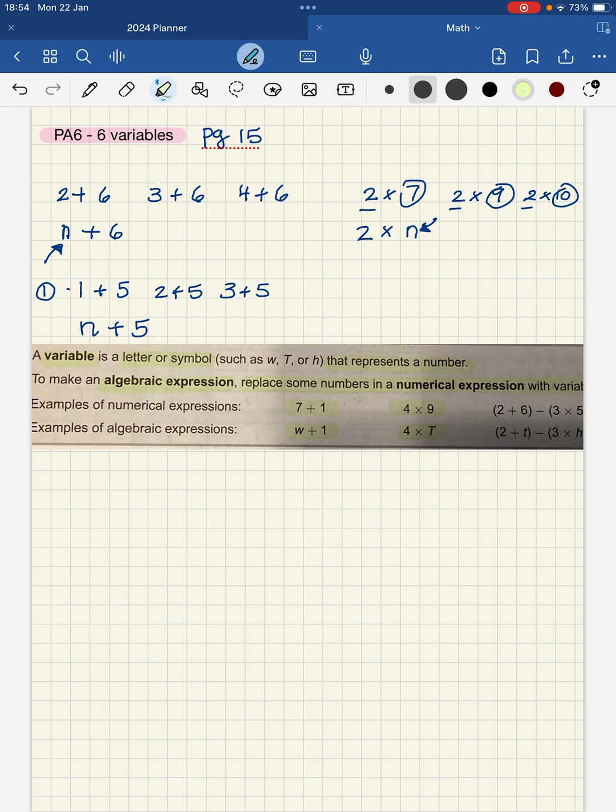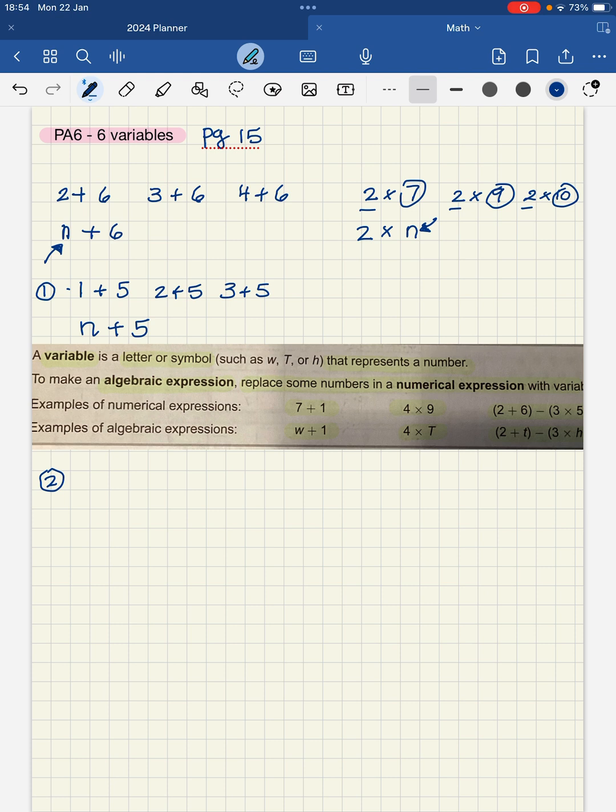And then there's more complex ones, like this is all numerical. Well, we've replaced in this one the 6 with a t, sorry, and the 5 with an h. Okay, so if we were going to write an expression for question 2, it says write an expression.